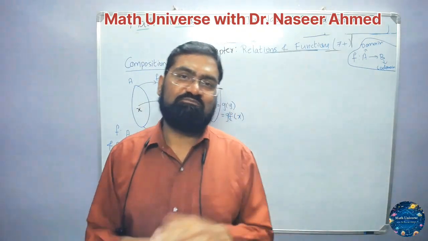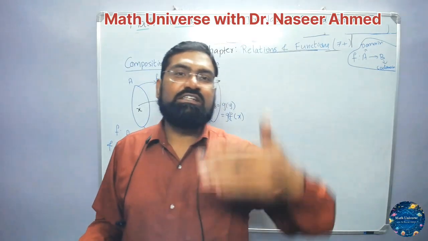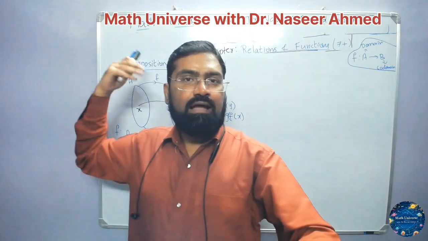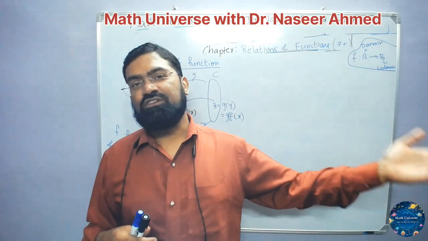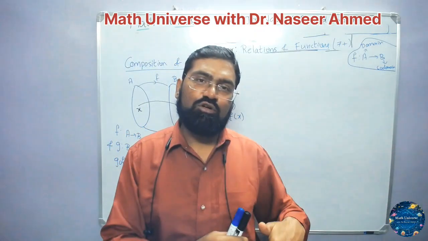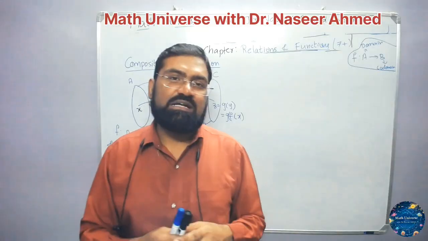It's not a function. Why more than one image? Because there is one mirror at the front and one at the back. So the salon is an example of a relation which is not a function, whereas the mirror at home is an example of a function.